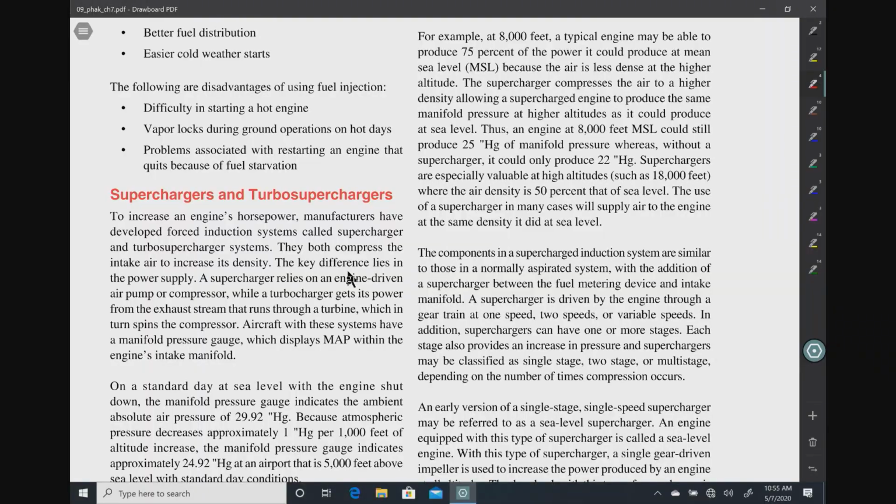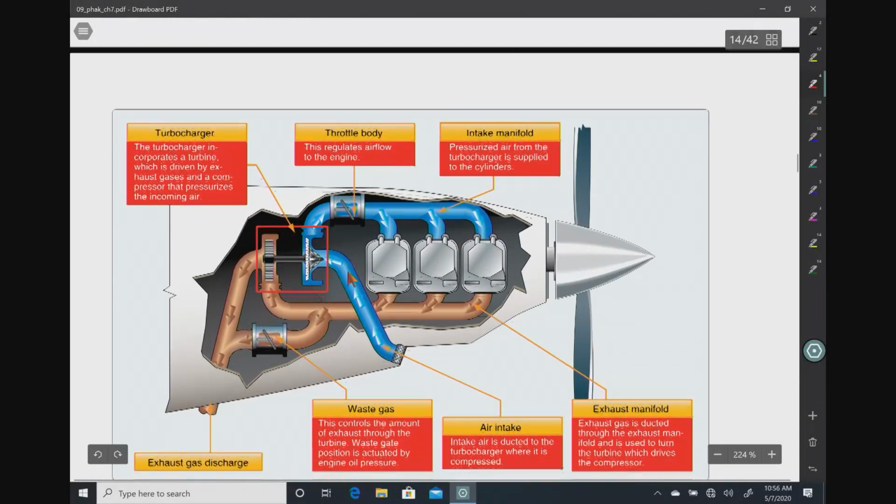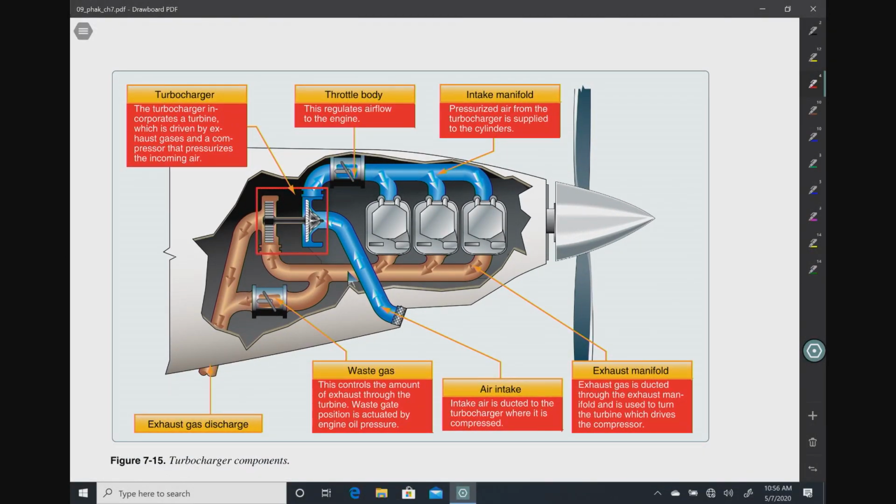The superchargers or turbochargers do just that. What they do, as in figure 7.15, is they have a system where they can pull, through a series of turbines as well as some of the airflow tubing that goes into the engine, more air.